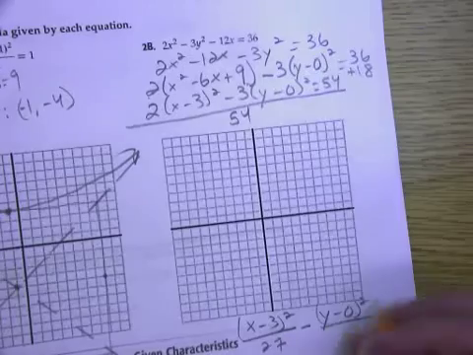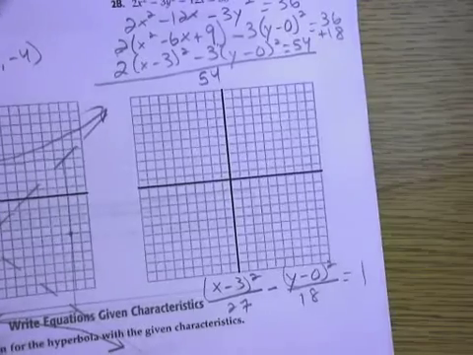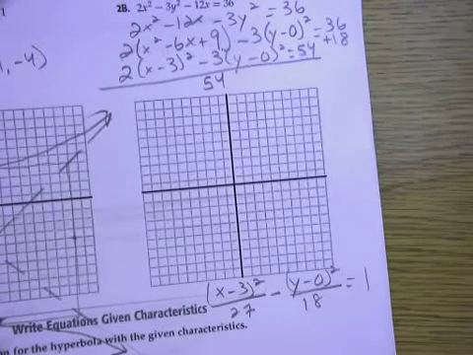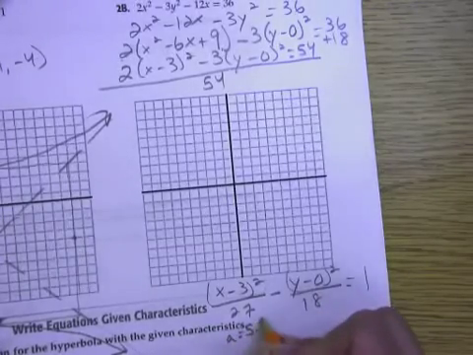Divide the whole equation by 54, and this equation is now x minus 3 quantity squared over 27 minus y minus 0 quantity squared over 18 equal to 1.